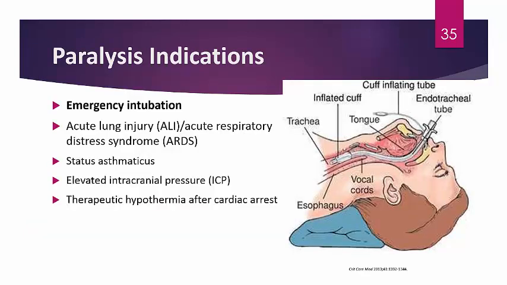Now that we have a little bit of background into what paralysis actually is, let's talk a little more specifically in terms of what the indications for paralysis are. So the main indication, and probably the most utilized indication for paralysis, is emergency intubation. And this is traditionally done whenever an endotracheal tube is placed down the esophagus, as we talked about earlier with sedation.